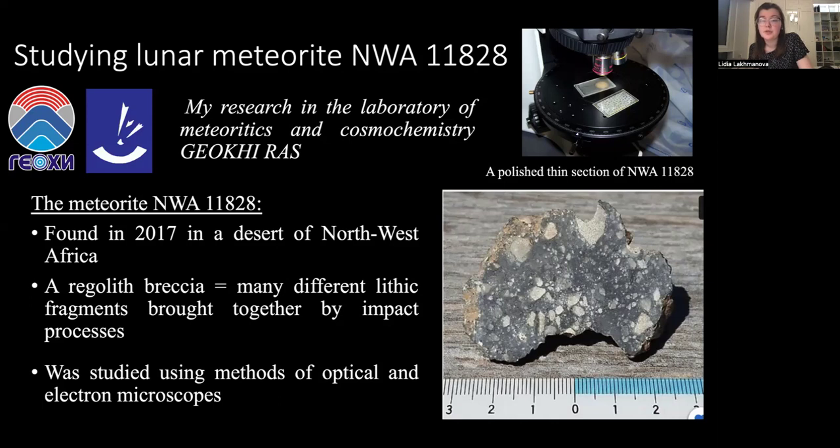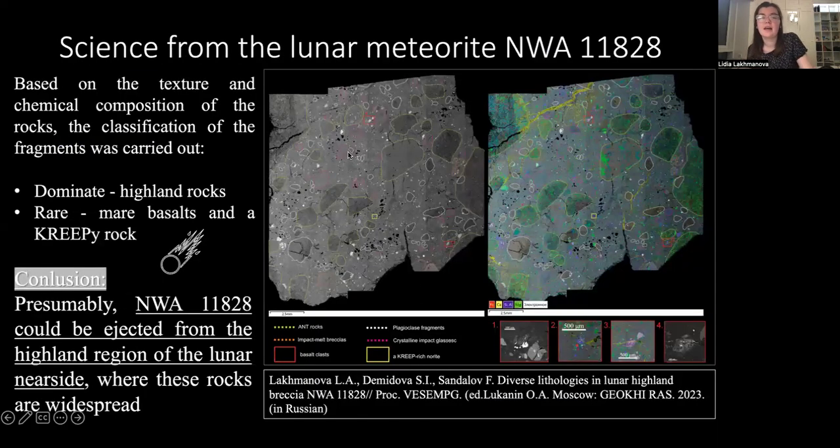And in my research, I have studied a polished thin section, as in the picture above, using methods of optical and electron microscopy. Based on the texture of rocks and their chemical composition, several types were distinguished.